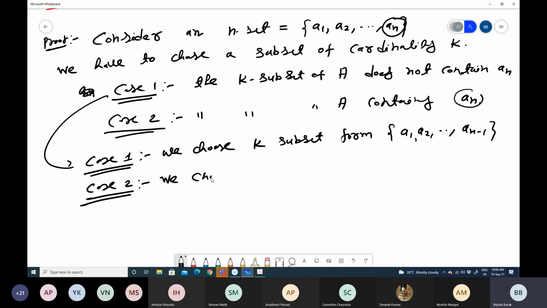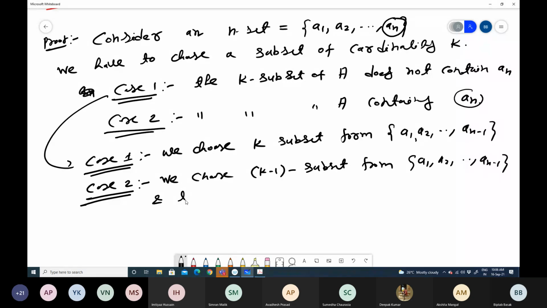So we choose a k minus 1 subset from a1 up to an minus 1, and then add an.